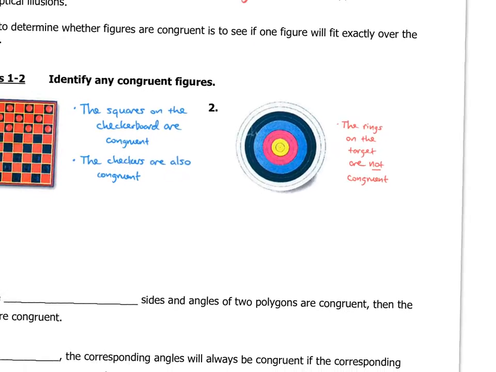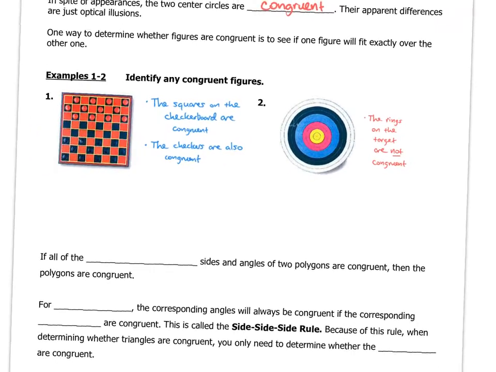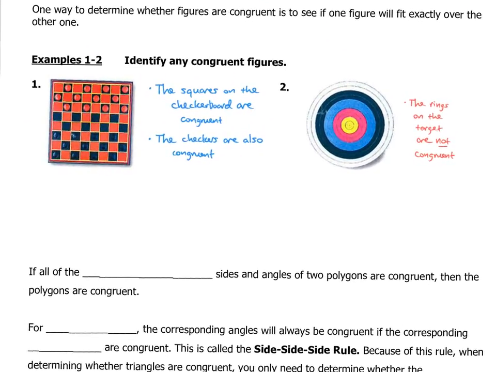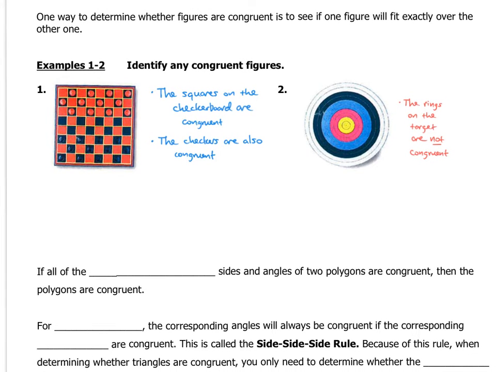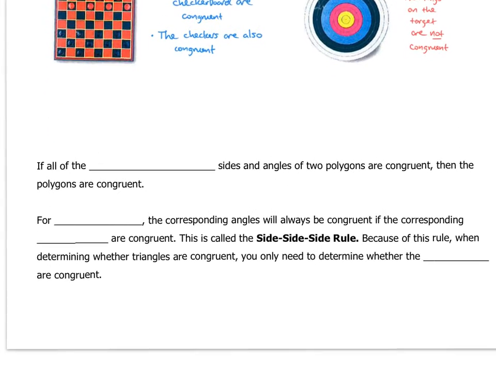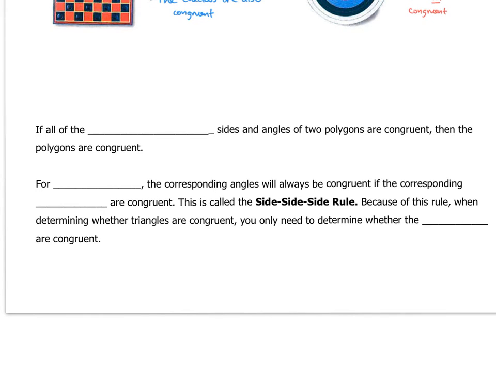Okay, so that was a couple of examples on how to identify congruent figures just by using that basic definition of putting one right on top of another. But there's a more formal definition for congruent figures that I want to take a look at, and that's if all of the corresponding sides and angles are congruent to each other in a polygon, then the actual polygons are congruent to each other.